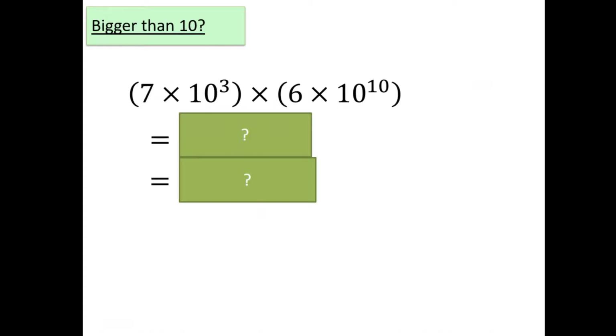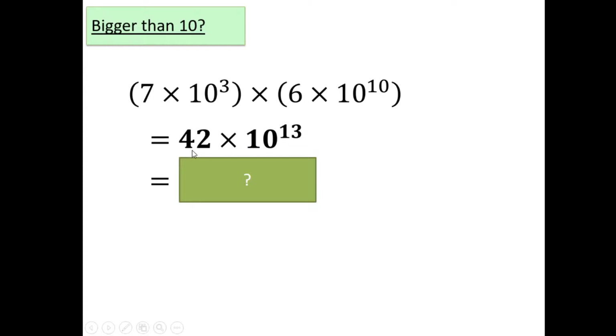Okay, so this time I'm going to show you in a bit more depth what happens when the number is bigger than 10. So 7 times 6, as I hope you can all understand, is 42. 10 to the power of 3 times 10 to the power of 10 is 10 to the power of 13. Now, because my answer is bigger than 10, I need to move the decimal point one place to the left.